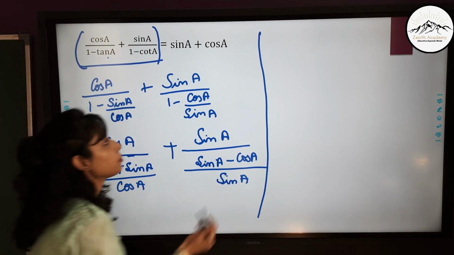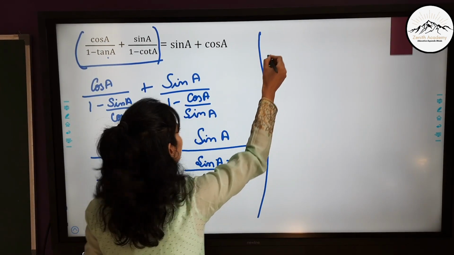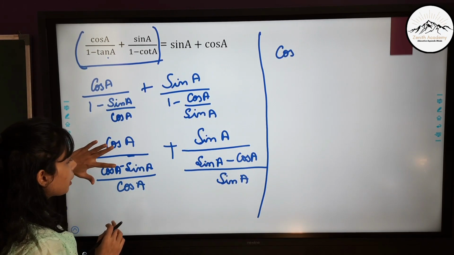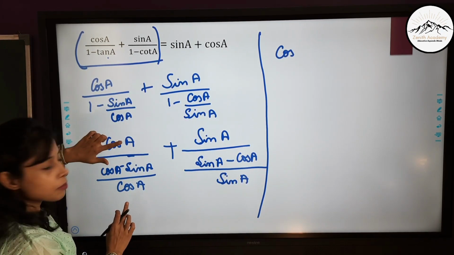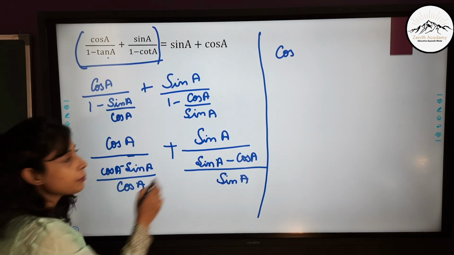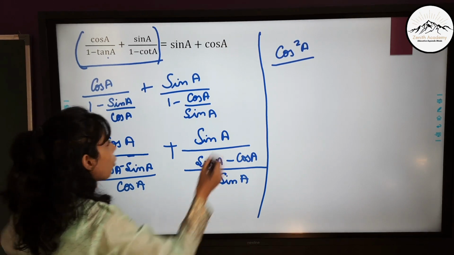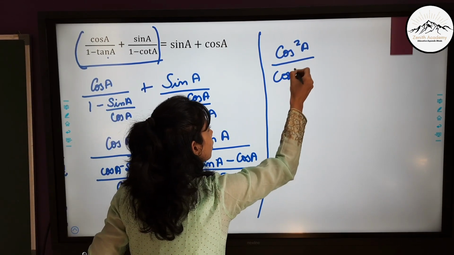If we multiply, they will become reciprocal and go in the numerator. So what will the term become? If cos A comes to the numerator, this will be cos square A upon cos A minus sin A.